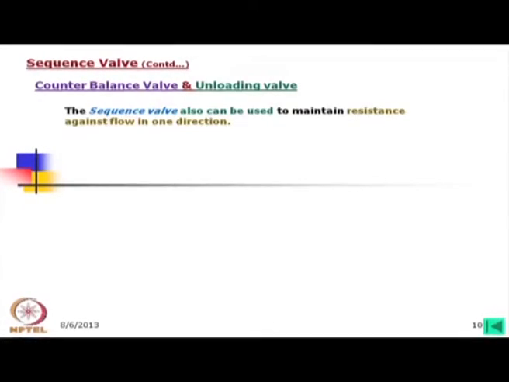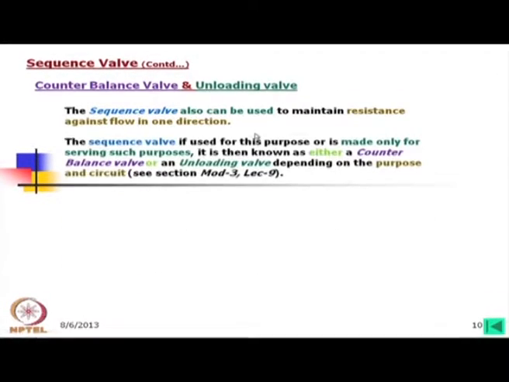We call it an unloading valve, we call it a venting valve, etc. The sequence valve can also be used to maintain a resistance against flow in one direction. If used for this purpose or made only for such purposes, it is known as either a counterbalance valve or an unloading valve, depending on the purpose and circuit.